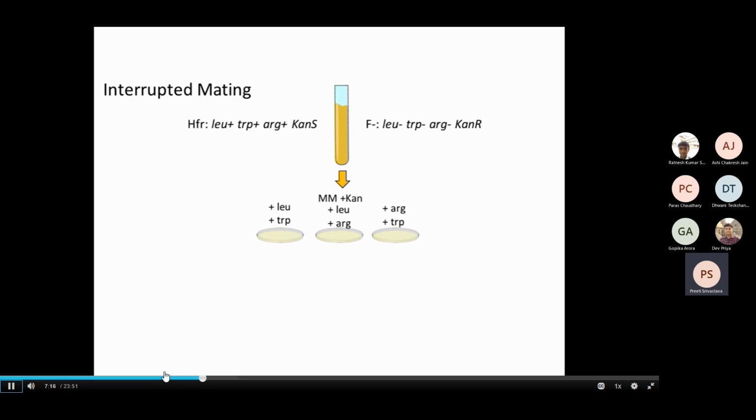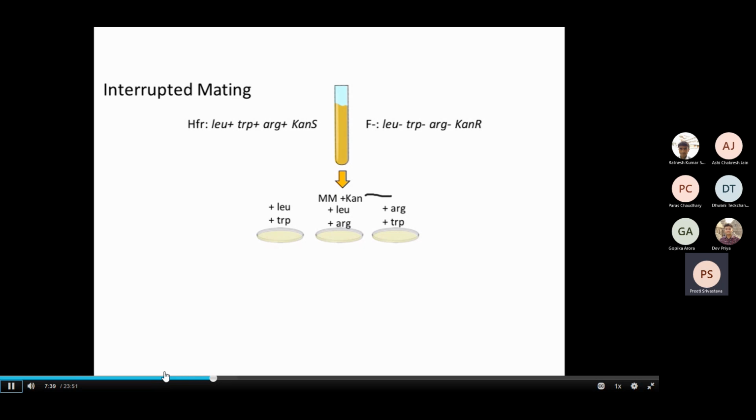Now, when we take our time samples and plate them out, we're going to plate them out on different media conditions. All of the conditions are going to be minimal media plus kanamycin. But then we're going to have different conditions where we are able to select for whether the F- cell has received the prototrophic marker from the HFR.